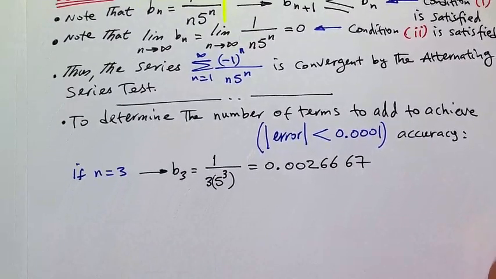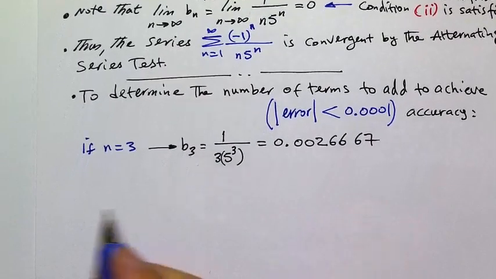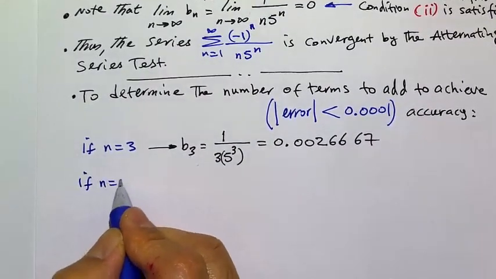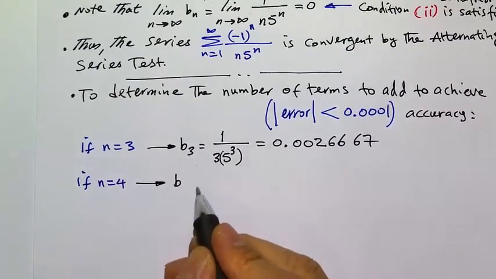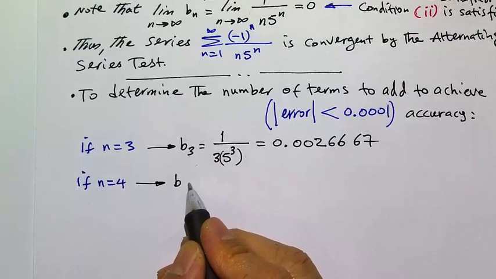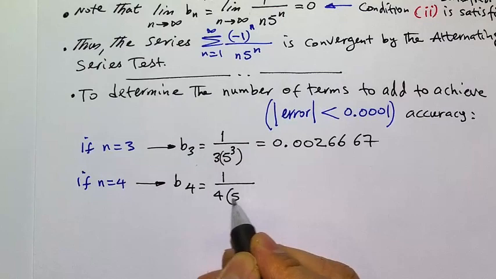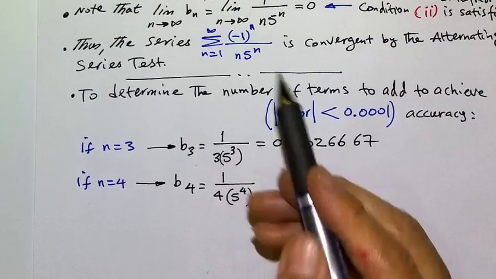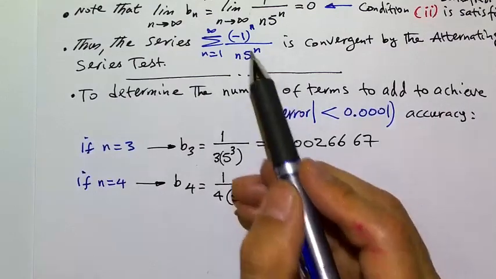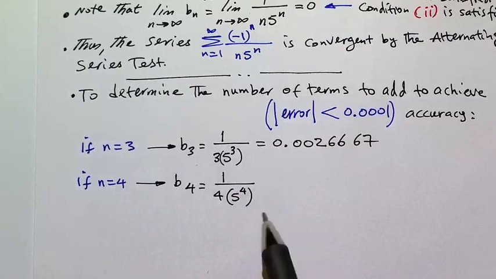Let's try if n equals 4. Then B4 is 1 over 4 times 5 to the 4th power. Right? You can still see it here. Disregard the minus 1 to the n power because we're just looking at BNs.